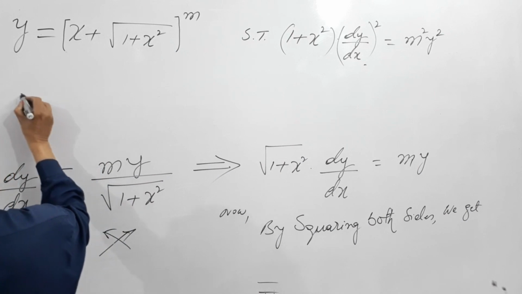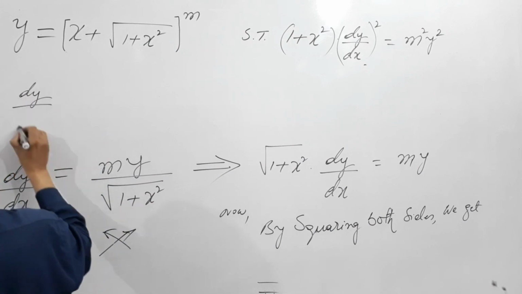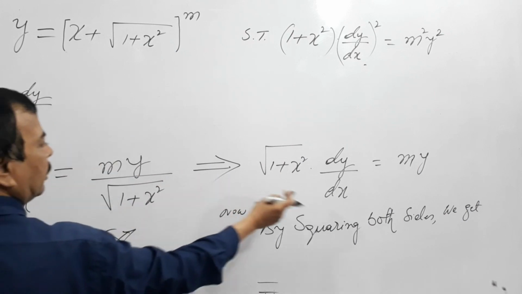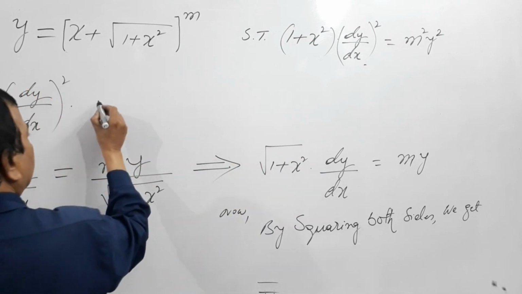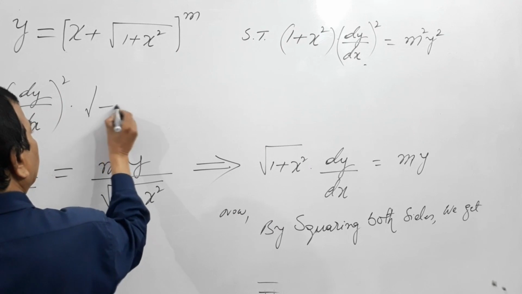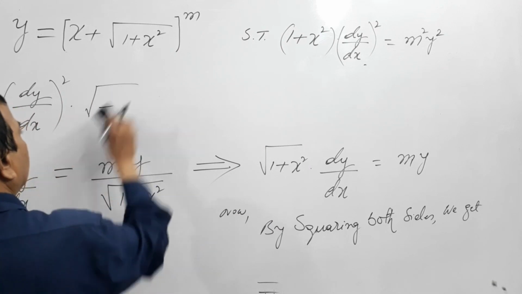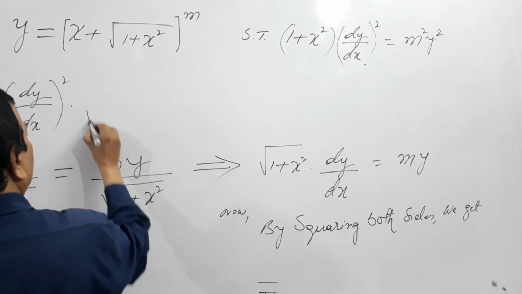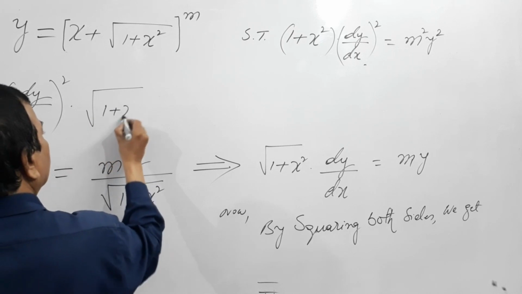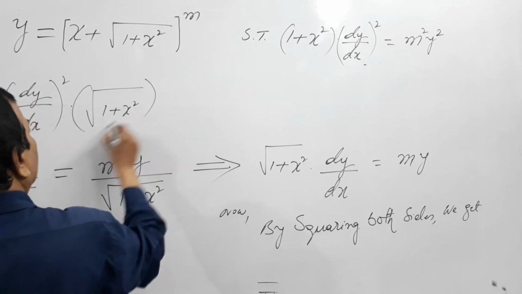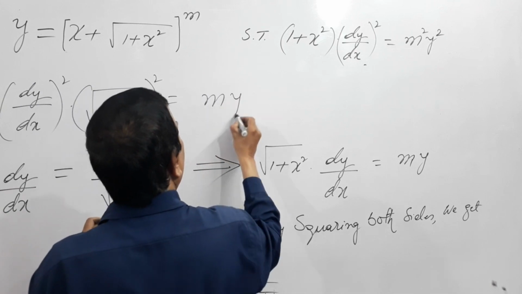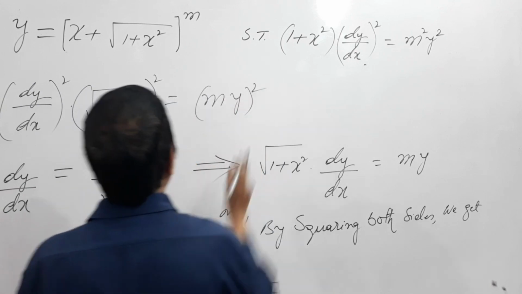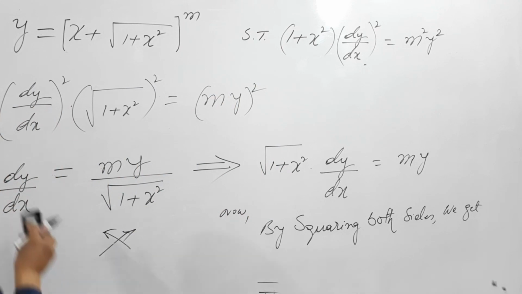I'll write one step, dy by dx whole square means for this also I have to add the square, into under the root 1 plus x square the whole square equals m into y the whole square, isn't it?